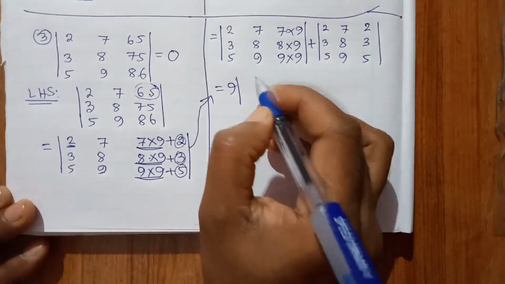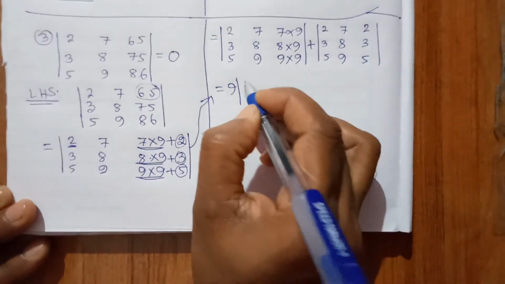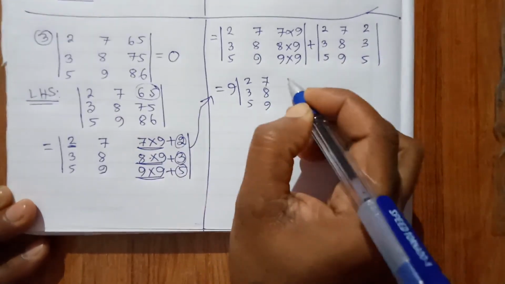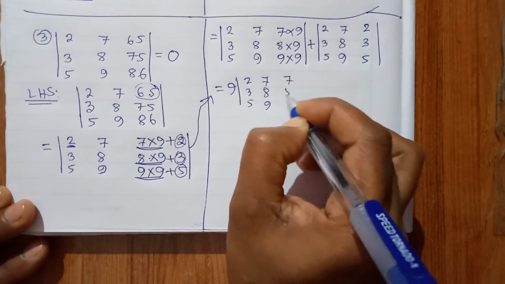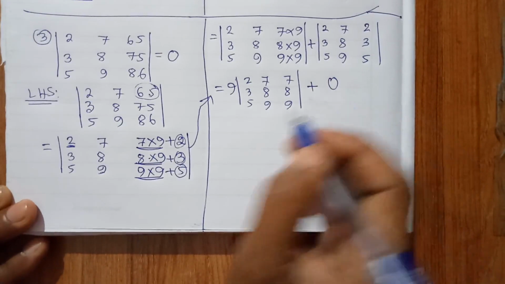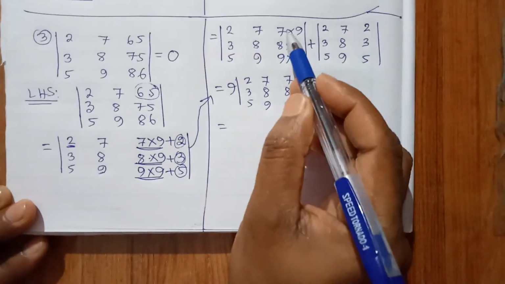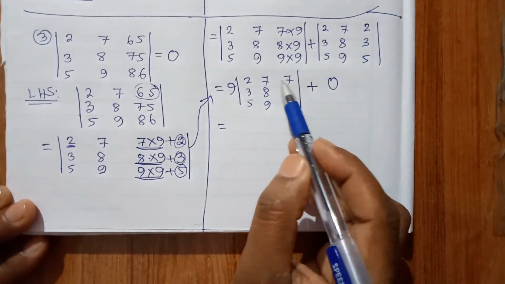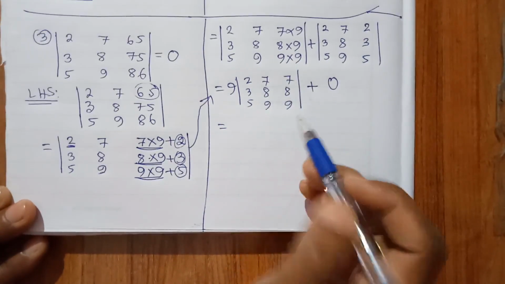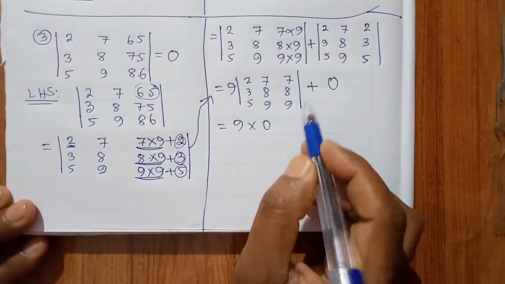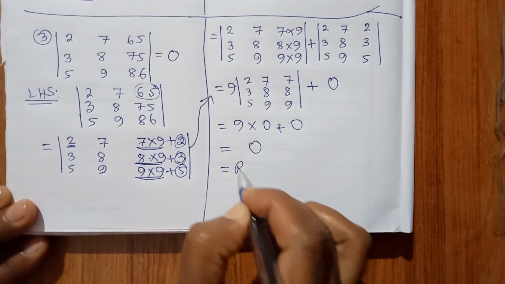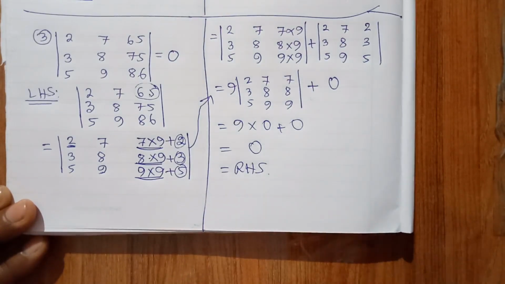First column as it is, second column as it is, third column will be 7, 8, 9, plus this 0. After taking 9 common from the third column, you see that the second column and third column are identical. So this is 9 into 0 plus 0, so ultimately it will be 0. So it is your right hand side.